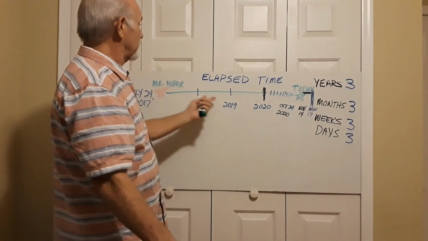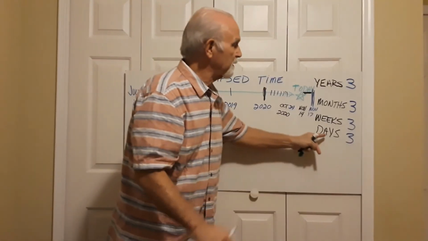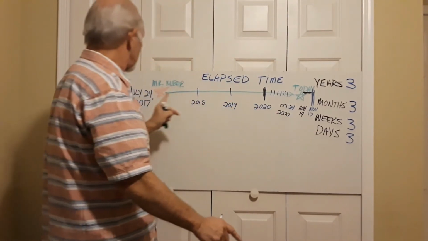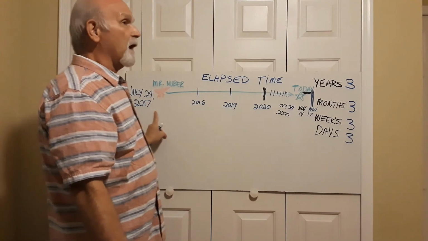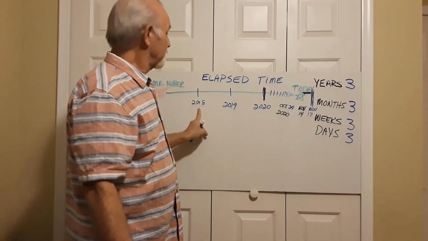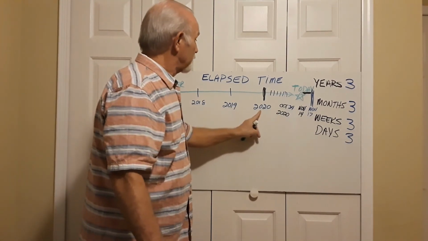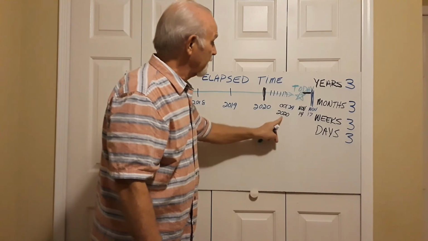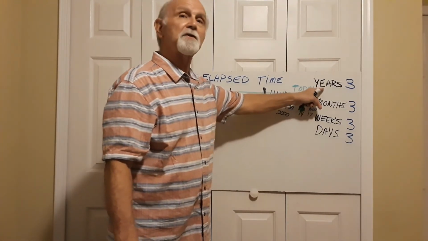So look at this. What I did was, if I'm going to count the days between July 24th and 2017, I got a lot of days in there, don't I? I got 365 here, 365 here. Oops, this was a leap year, 366. And I got a couple of months here. I don't do that. I'm going to start with the biggest one.